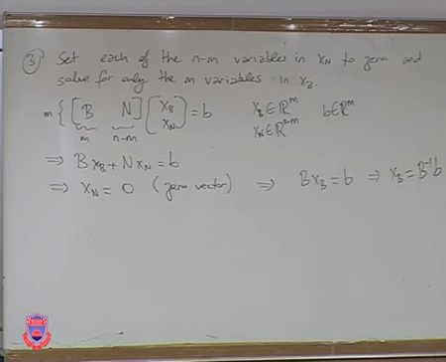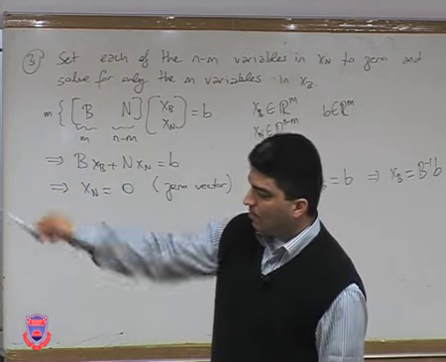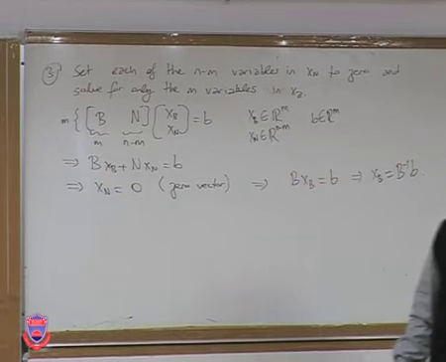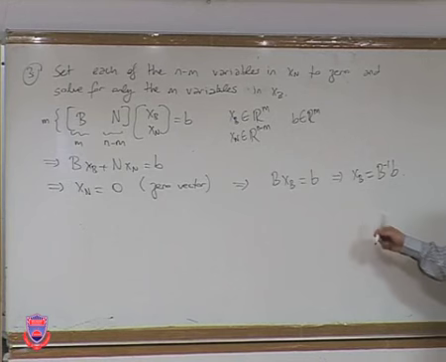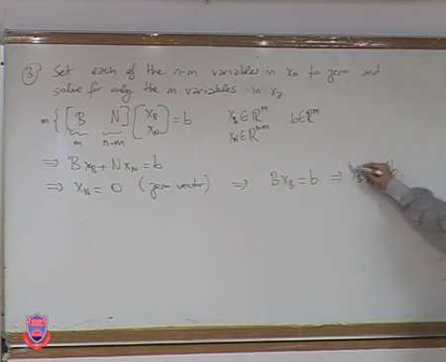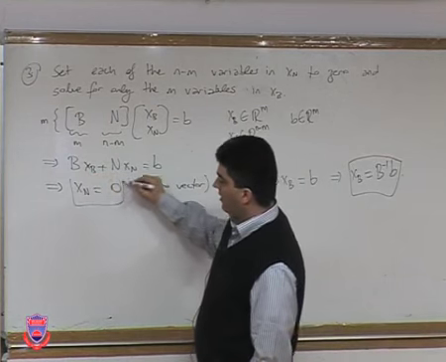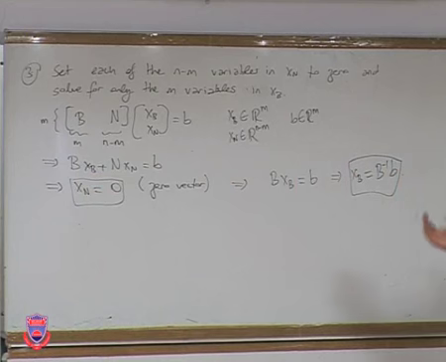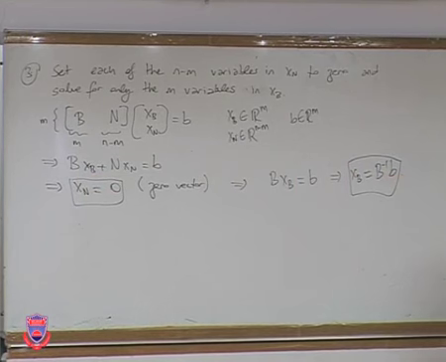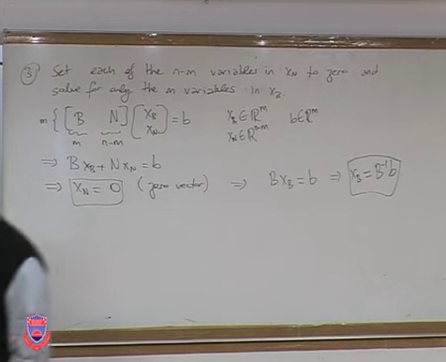So xb is exactly equal to B inverse b, right? Okay? So as a result, what we do is the following. I start with the system Ax equals b. I rearrange my variables as xb and xn. Then I set xn to 0, and I solve for xb. And if you think about this a little bit, basically I have a solution, right? So the xb component is equal to B inverse b, and the xn component is equal to 0. So this gives me a solution to the original system Ax equals b. Okay? So this is one way of obtaining a solution.